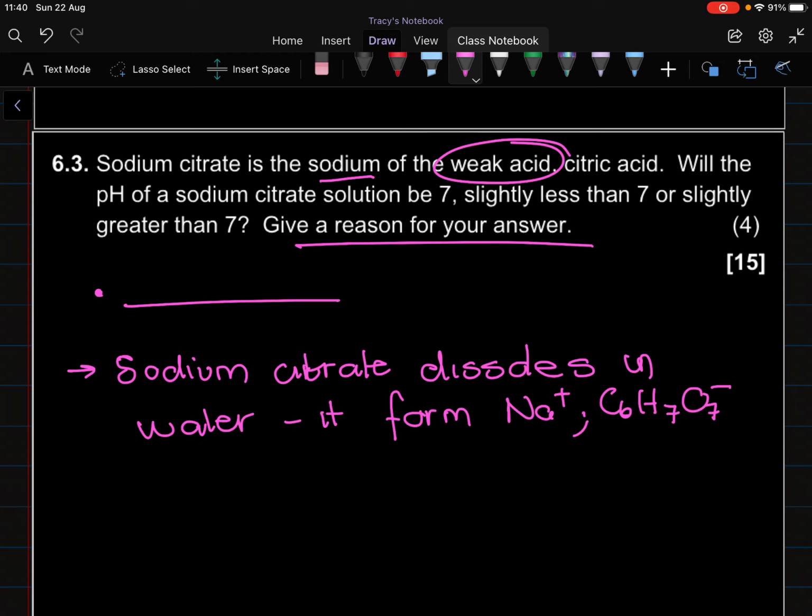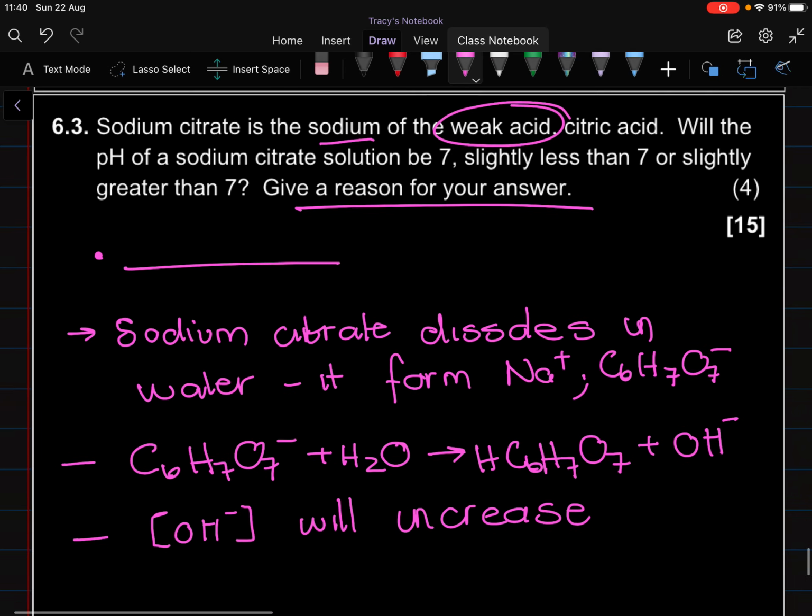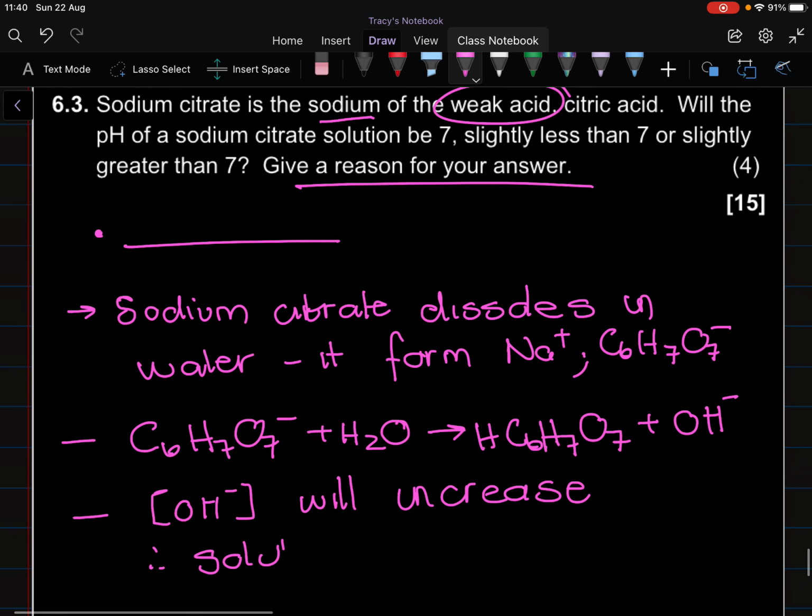That base is the C6H7O7-. So C6H7O7- will react with water. It will then form HC6H7O7 plus OH- ions. The OH- ions will increase. Therefore, the solution is basic.